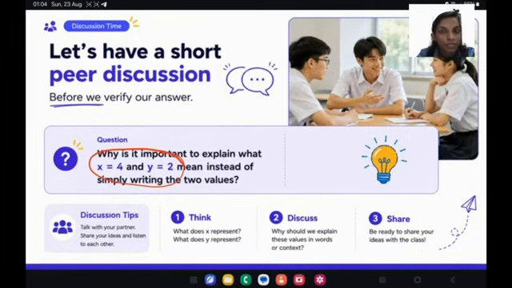One possible response is because x and y represent real quantities in the problem. So the answer for the mathematics should be connected back to the original context. This is particularly important when solving real life situations.